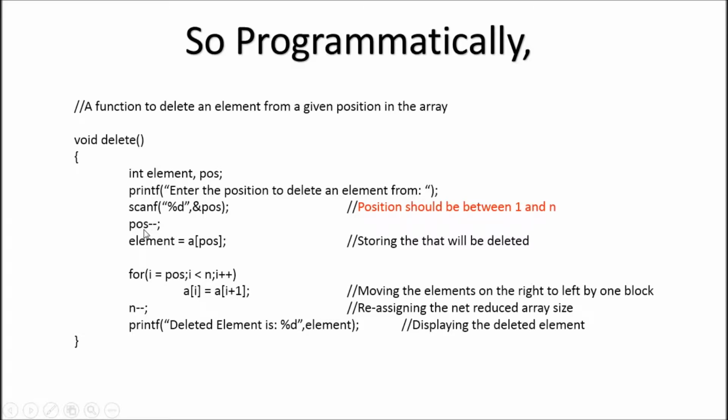I told you why we do POS plus plus. And element is equal to A of POS. So we store the element that will be deleted into a variable called element. And we initiate a for loop next. That for loop is going to go from the position till the last element.